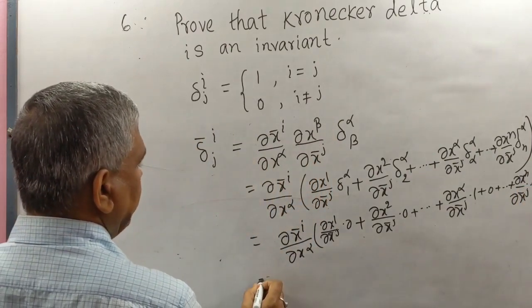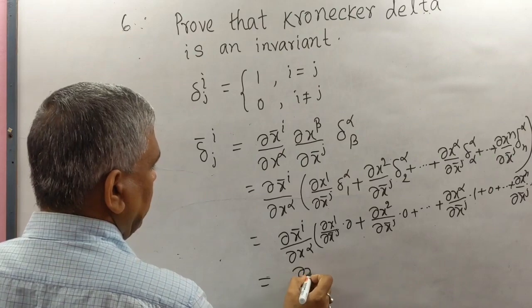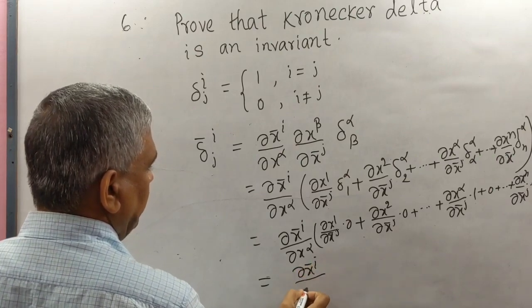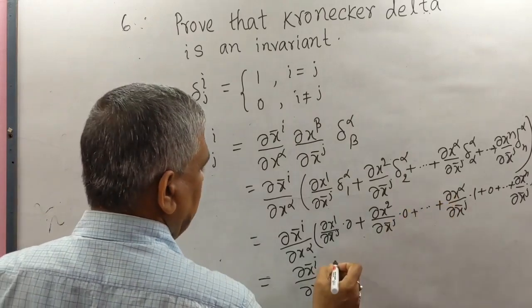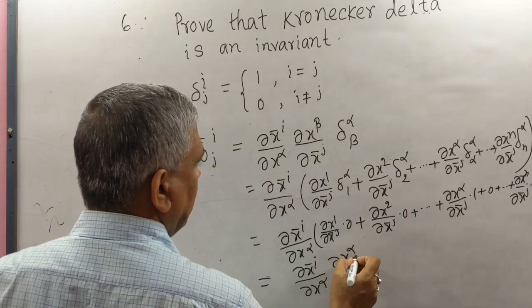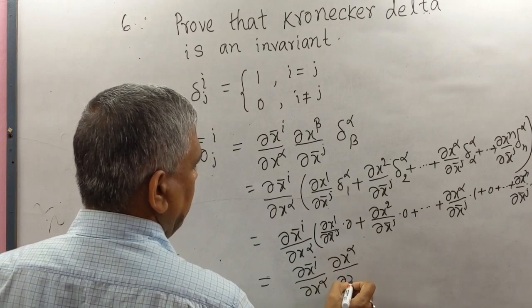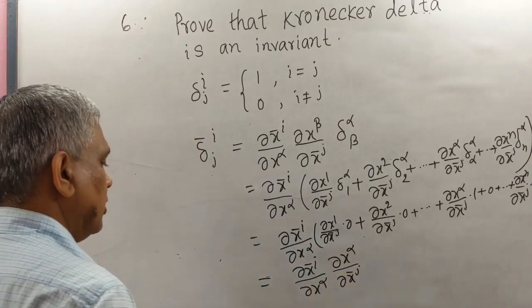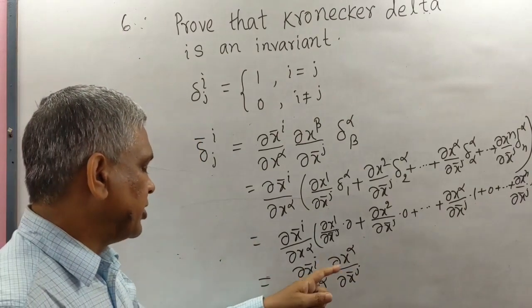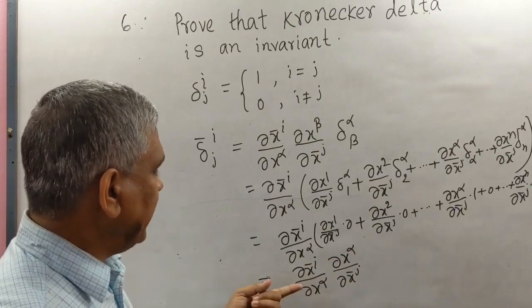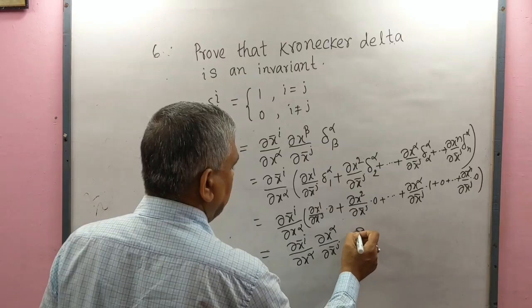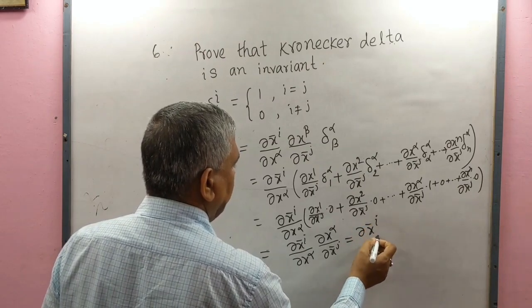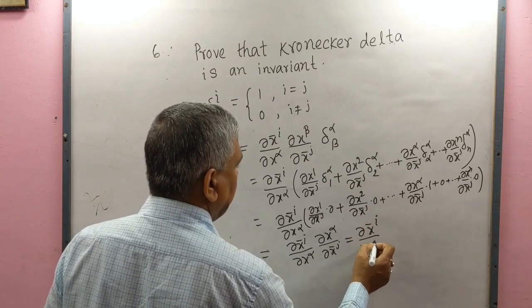So ultimately we get del x bar i by del x alpha into del x alpha by del x bar j. Here alpha is a dummy suffix, so we get the value of this equal to del x bar i by del x bar j.